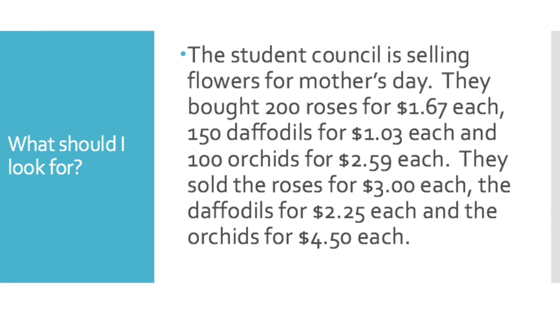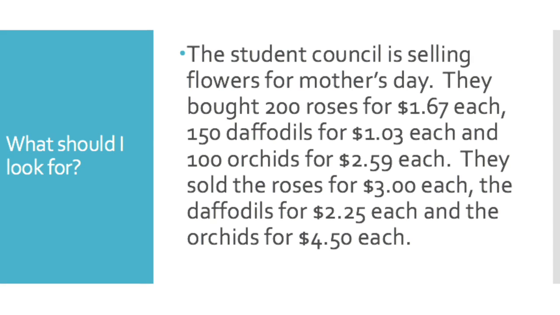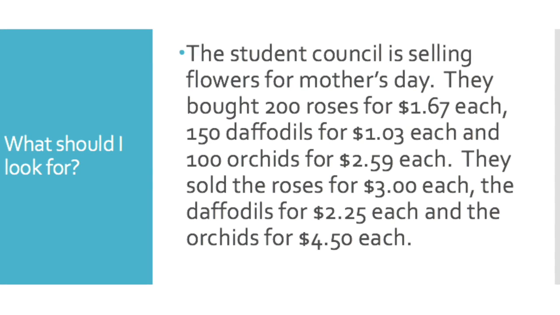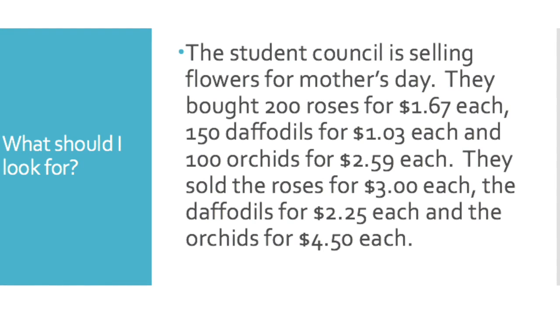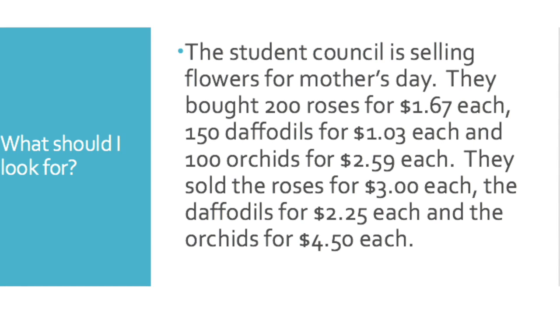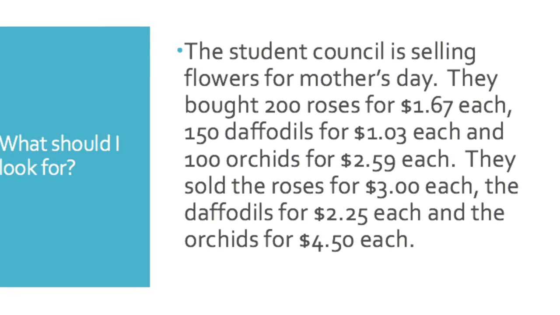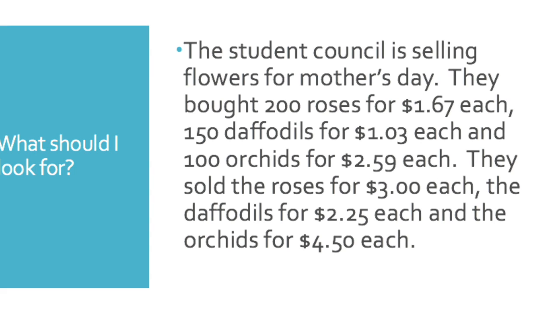Okay, so as I read that, I was thinking to myself, what am I hearing a lot of? Well, I'm hearing a lot of the names of the flowers. So I know that one of my matrix labels should be flowers, and then an element will be a rose, daffodil, and orchid when I set up a matrix.